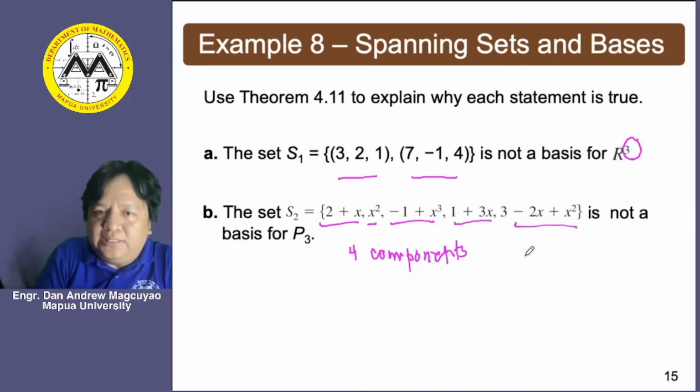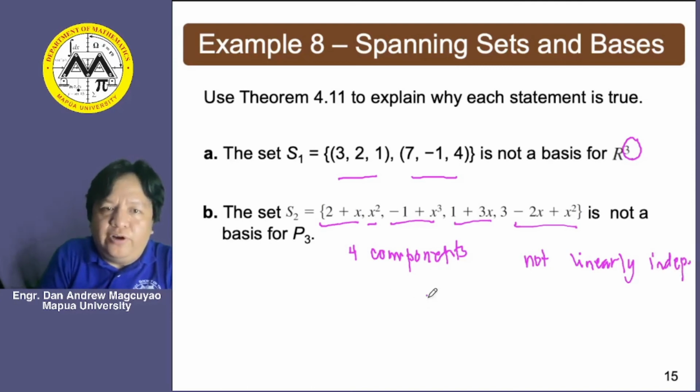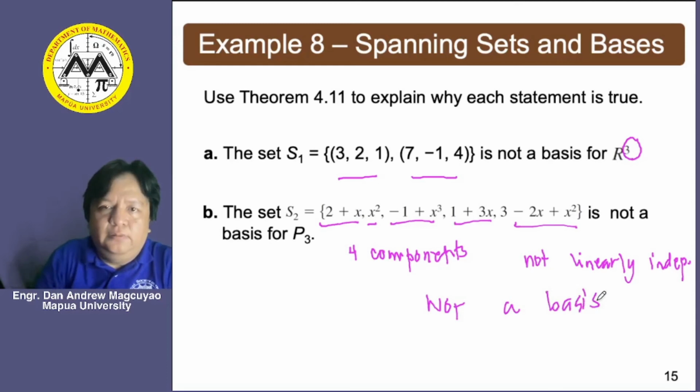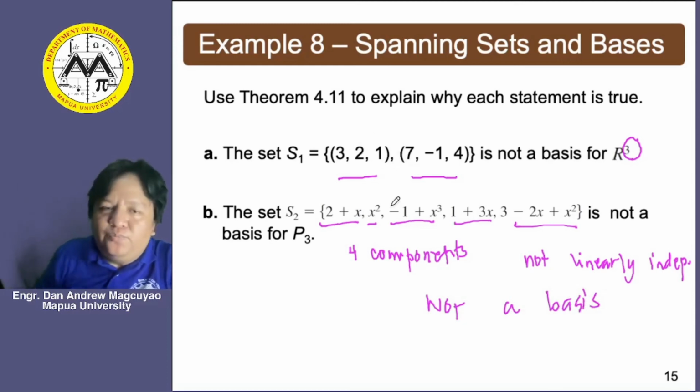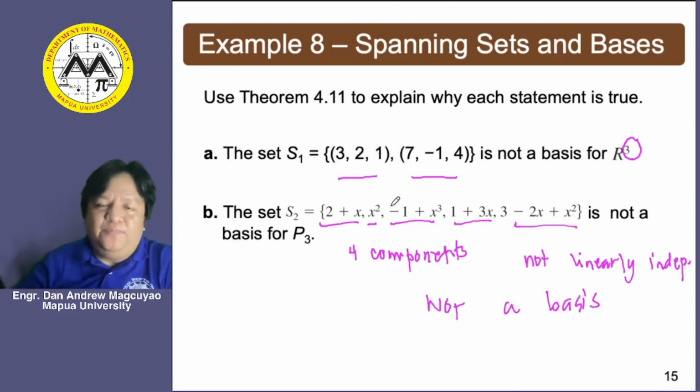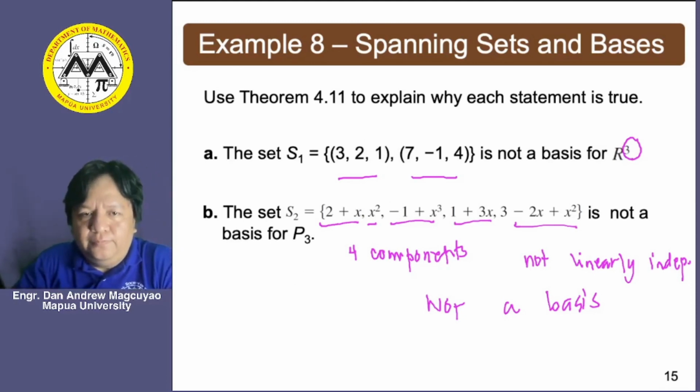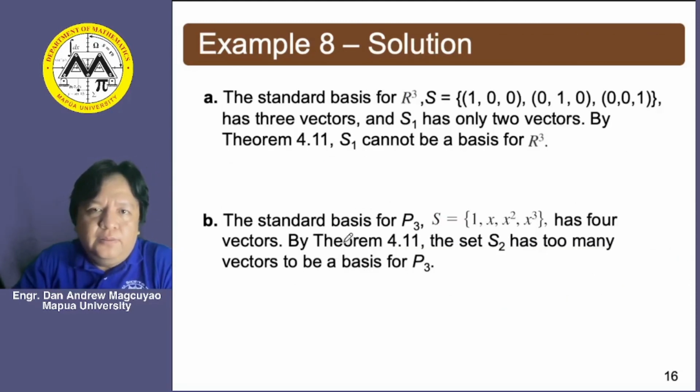So this is not linearly independent, and therefore not a basis. For this one, for it to be a spanning set, you must have 3 vectors. So it's not a basis for R cube.